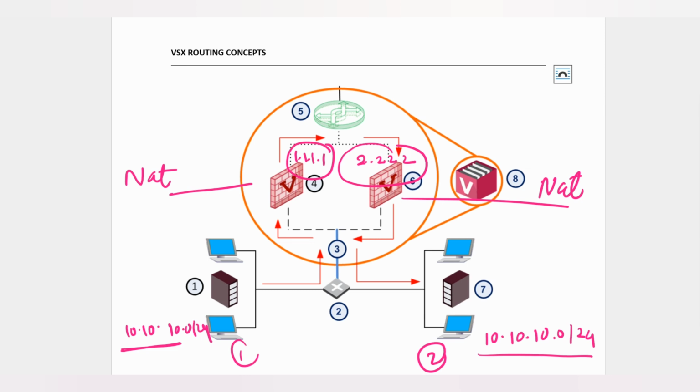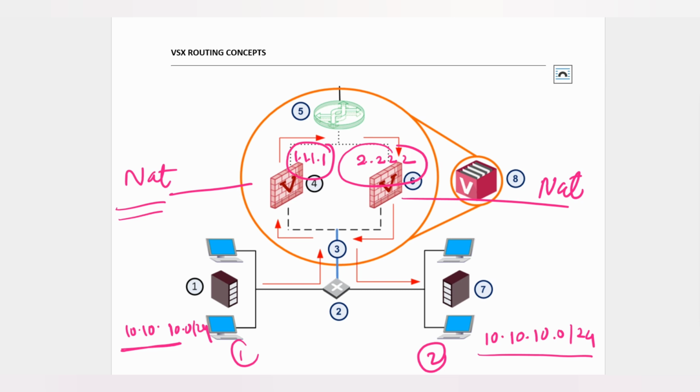Now, as we know, NAT is also an important part. Virtual systems support network address translation, NAT, much in the same manner as a physical security gateway. When a virtual system using either static or hide NAT connects to the virtual routers, you must propagate the affected route to the virtual routers.